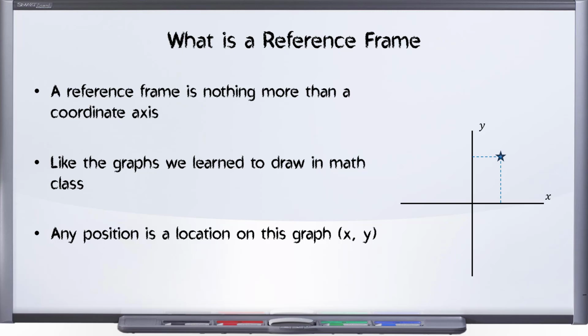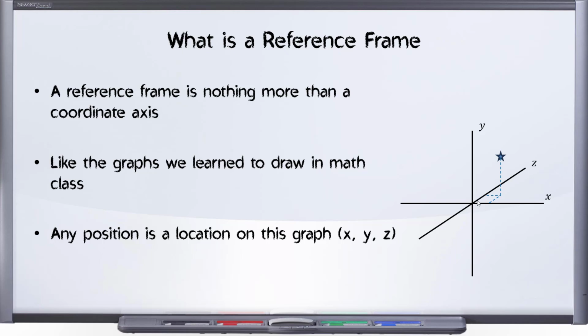Which way does the y-axis point? And once we've agreed on that, we have what's called a reference frame. We can also do this in 3D. It's easier to draw in 2D, so we'll do most everything in 2D. But you could draw it in 3D, or you could do it in a real three-dimensional world like we live in, just by giving a third coordinate. So that's all a reference frame is.